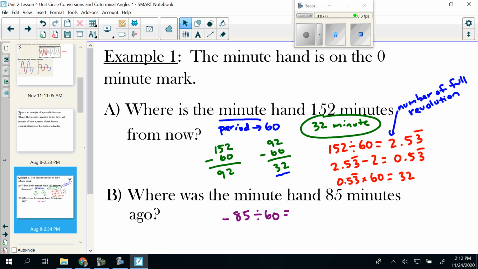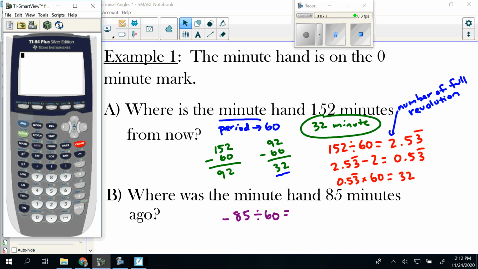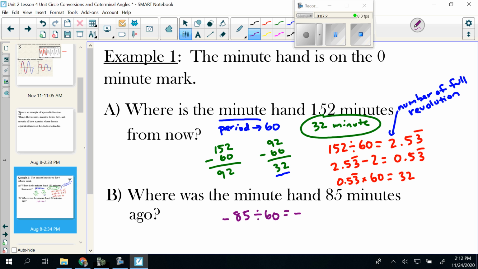So if we do that, negative 85 divided by 60, that's going to give us negative 1.416 repeating. Okay, we want to know what's that extra amount there. So on this one, we want to get that so it's positive.